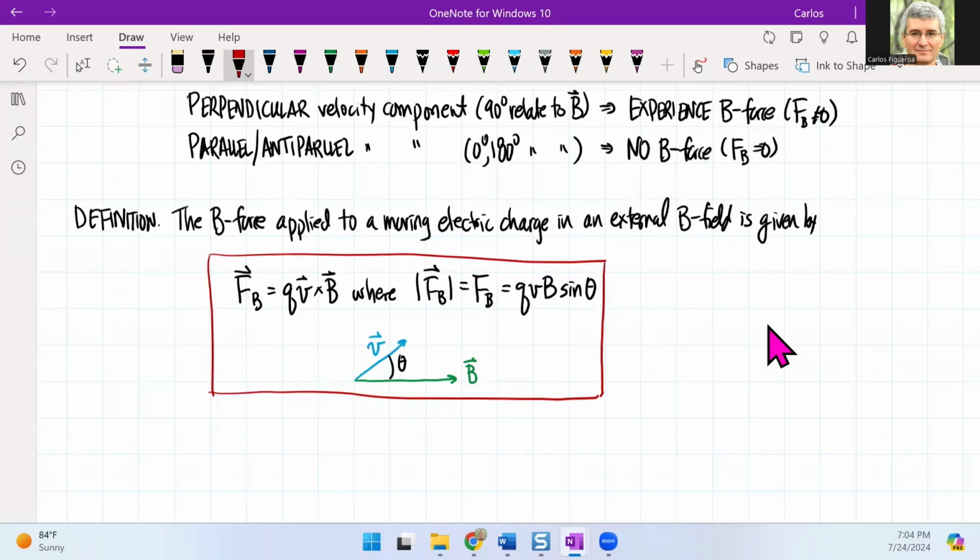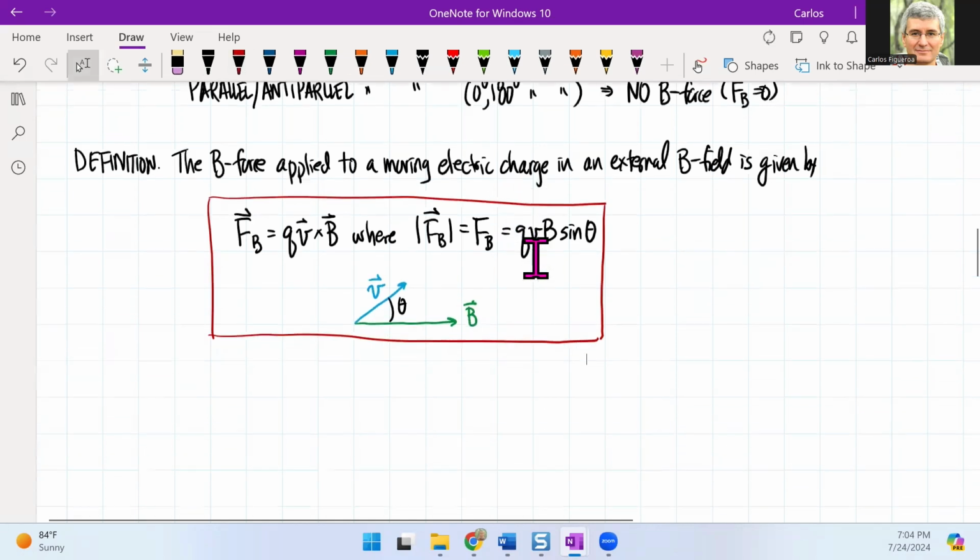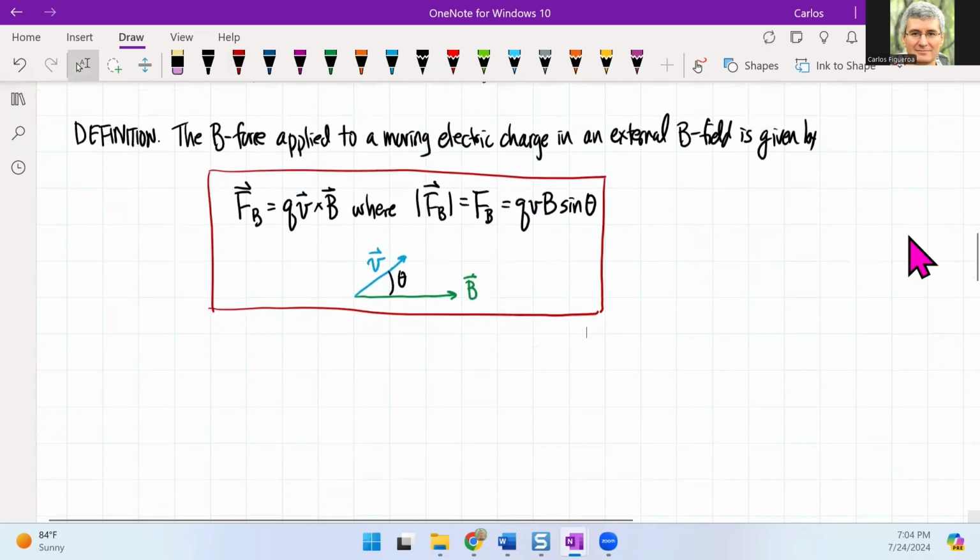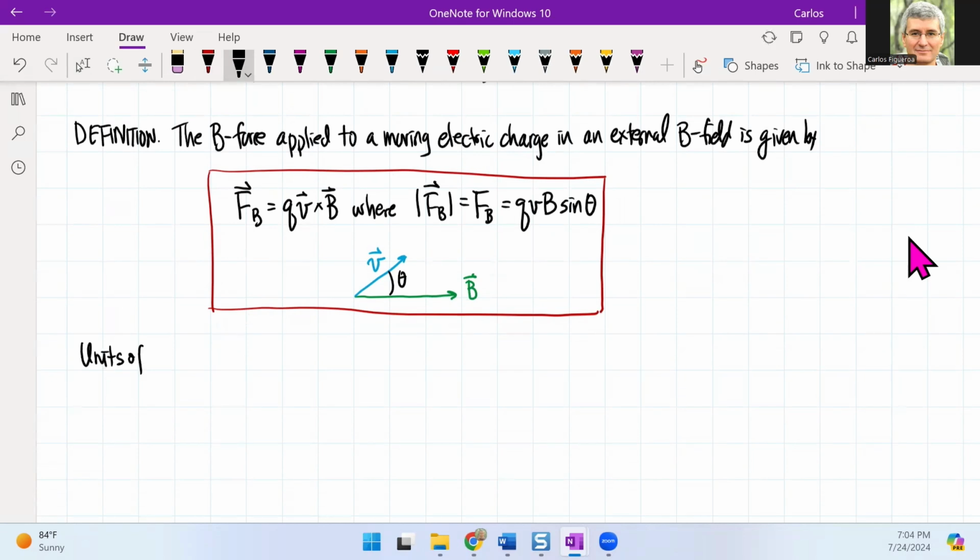Now, the only thing that's new here is the magnetic field, so we should talk about the units very briefly. The units of the magnetic field are new units.